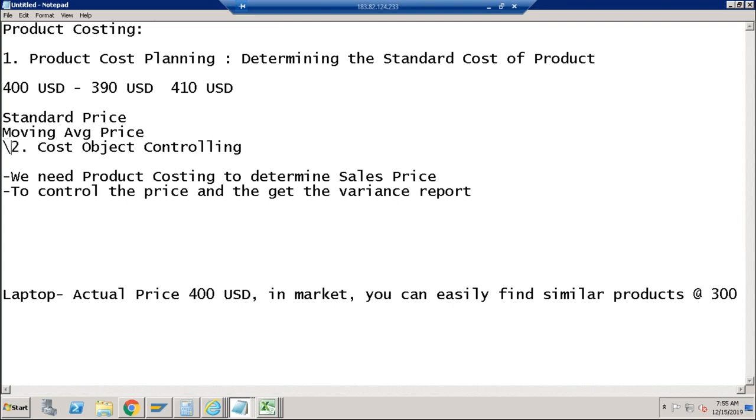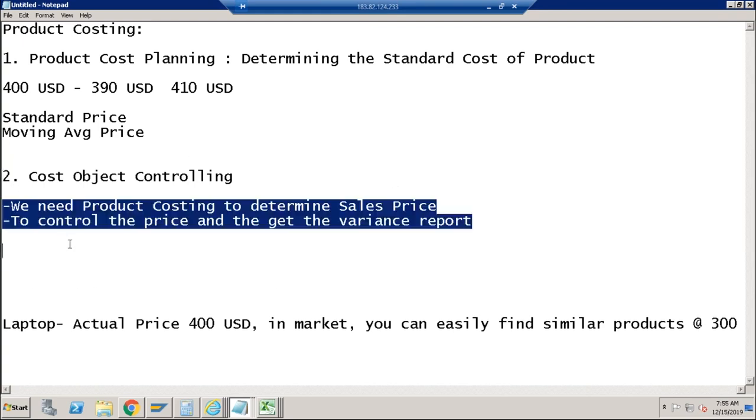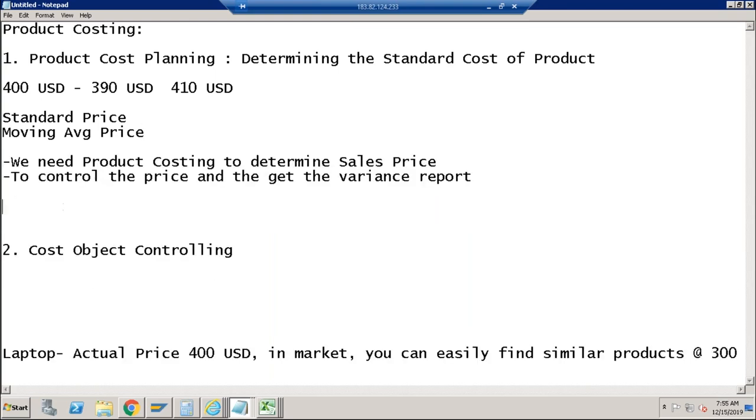Now, what exactly do you mean by cost object controlling? Can you give me any example of what a cost object is in the case of product costing? Where have you heard of cost object controlling before?